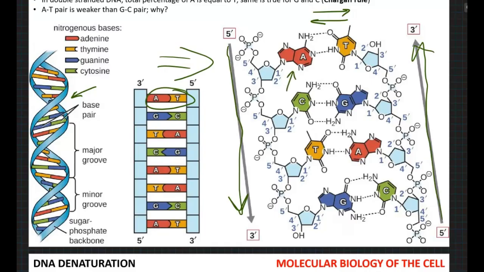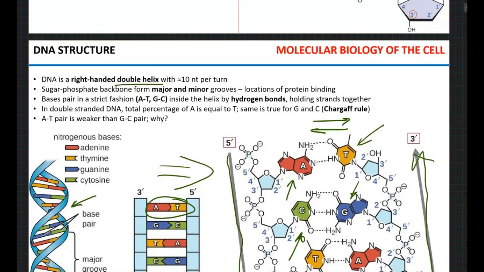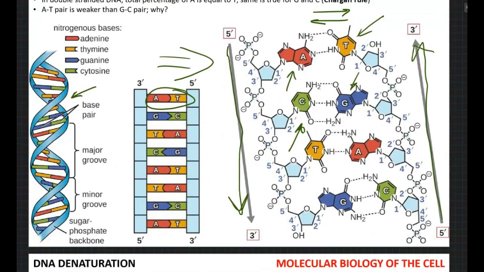The A, adenine, pairs with T, and guanine, G, pairs with cytosine, C. So the pairs are AT, GC. So what forms the connection between individual bases? It's hydrogen bonds. The dashed lines in this picture represent hydrogen bonds.